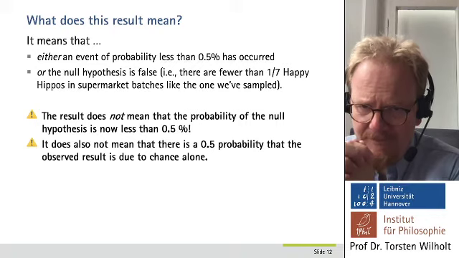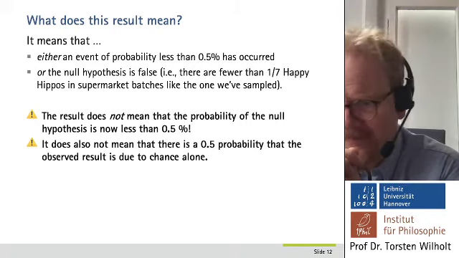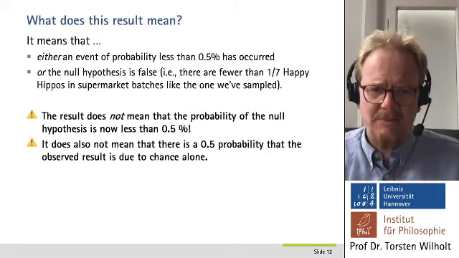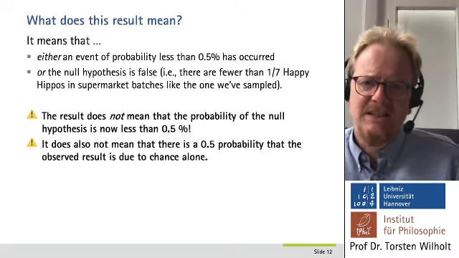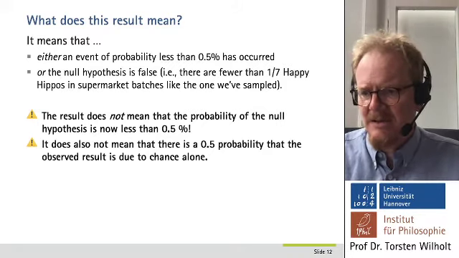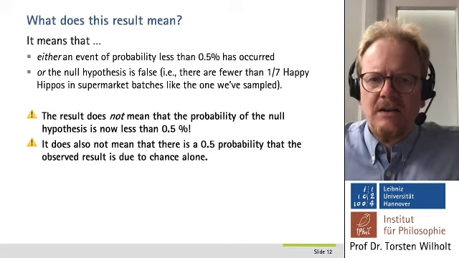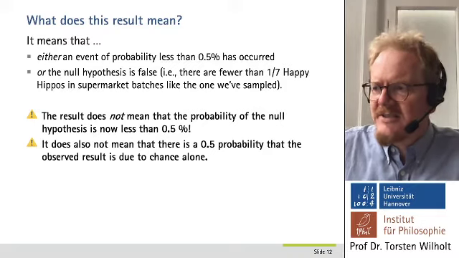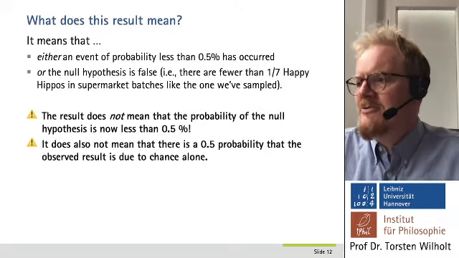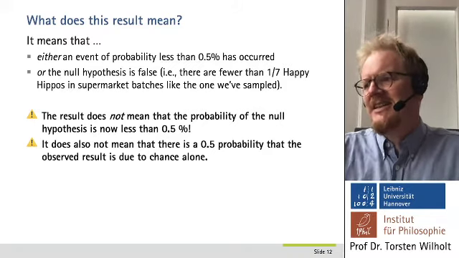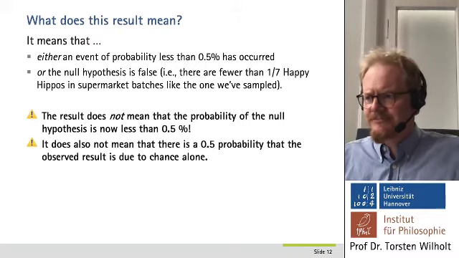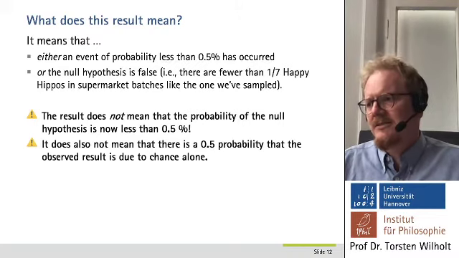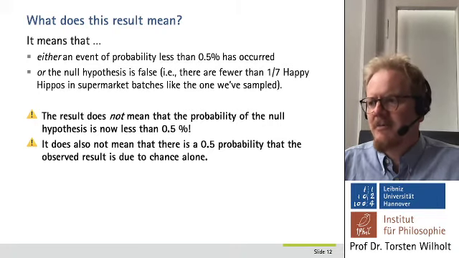That is, there are fewer than 1 out of 7 happy hippos in supermarket batches, like the one we've sampled. And clearly, of course, this kind of result is supposed to send us in the direction of supporting the claim that there's something going on here.